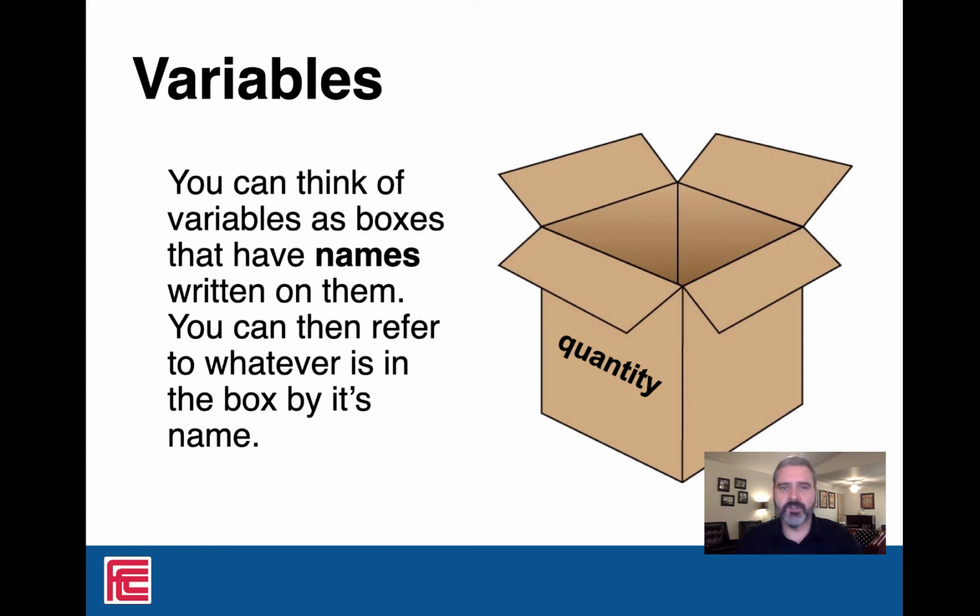So, for instance, for a tip calculator, you might want to say, well, I want to multiply the price of the meal or the cost of the meal, the amount of the tab, whatever you want to call your variable, and I want to multiply that by 0.15, right, to get a 15% tip. I can just say, well, I want to take cost times 0.15.